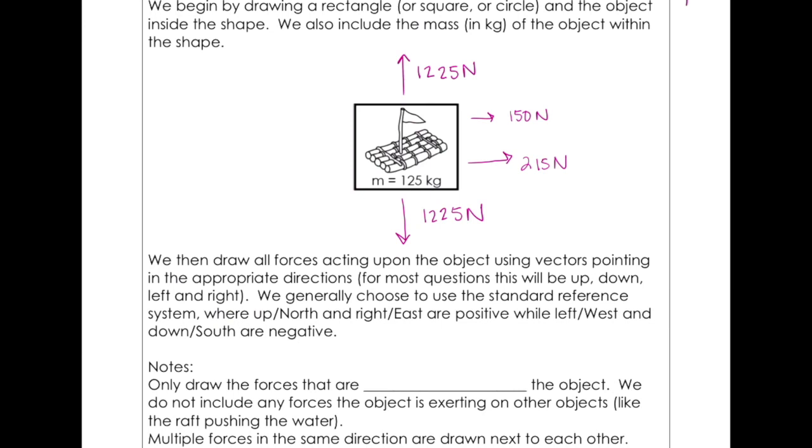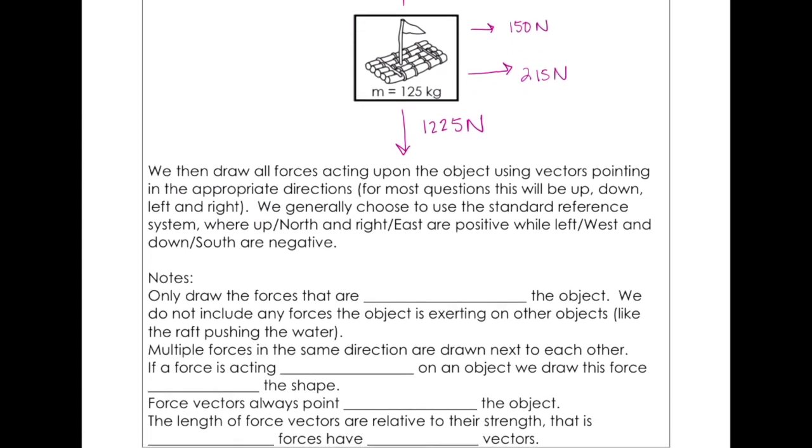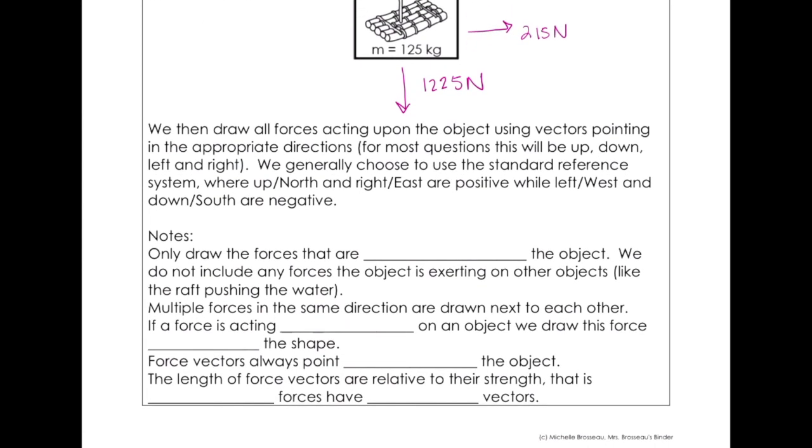Some important things to note. You're only going to draw the forces that are acting upon the object, so we don't include any forces the object's exerting on other objects. This boat would be exerting force on the water, but we're only concerned about the forces acting upon the boat, or the raft.